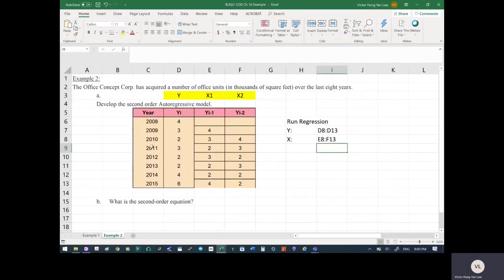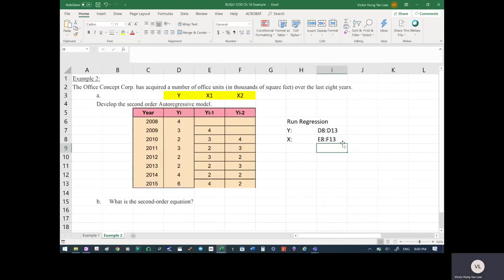Once we have the table filled out, now we can run the regressions. For the y, we use column D, your current year's number of units. For x, we have 2 x variables: x1, the units from the year before, and x2, the units from 2 years before. These are our 2 independent variables.